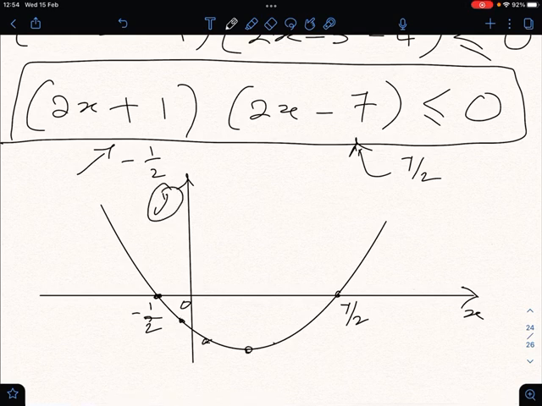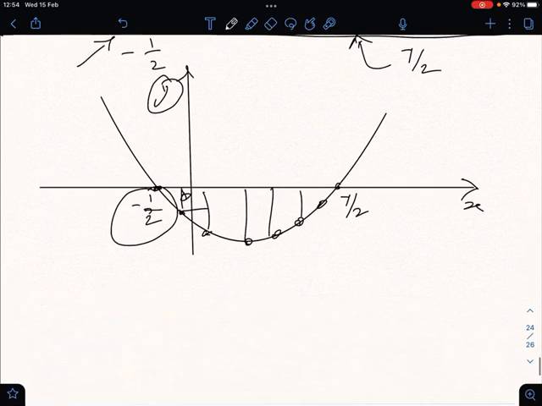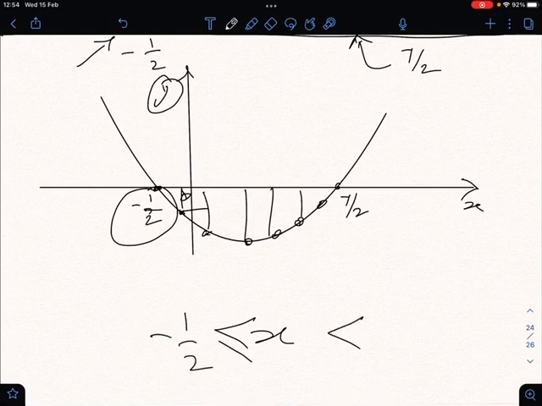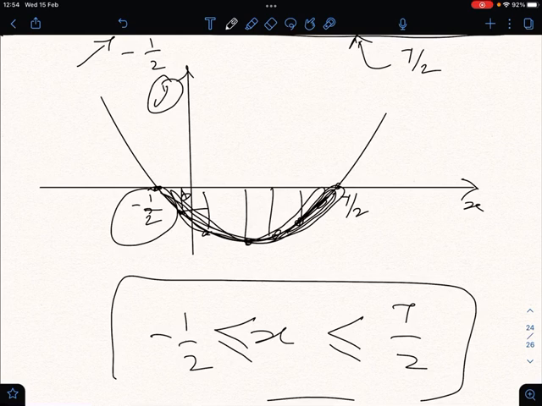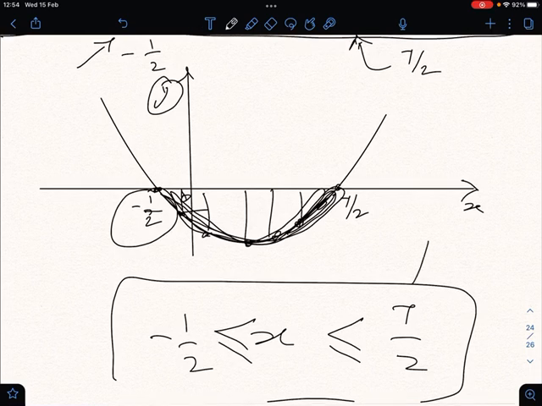So x is greater than or equal to negative half, and less than or equal to 7/2. Obviously x has to be greater than or equal to negative half but less than or equal to 7/2. That's all, folks.